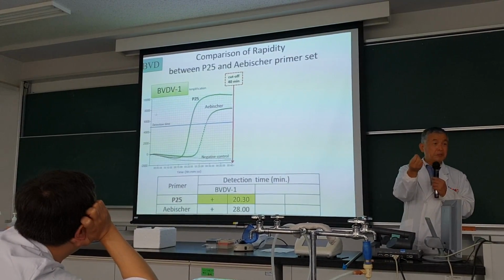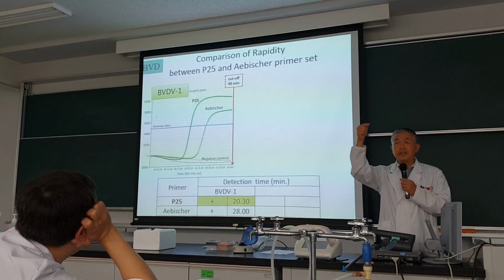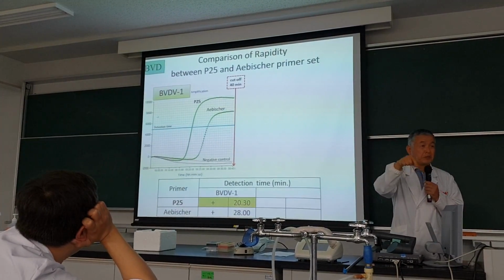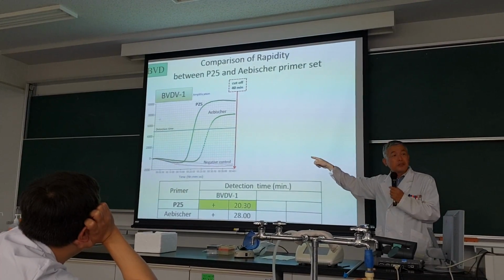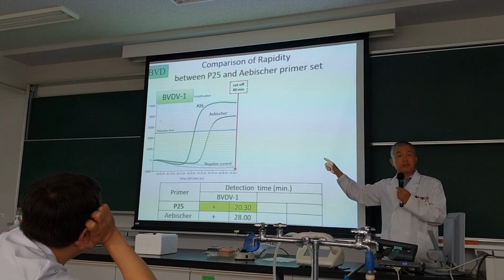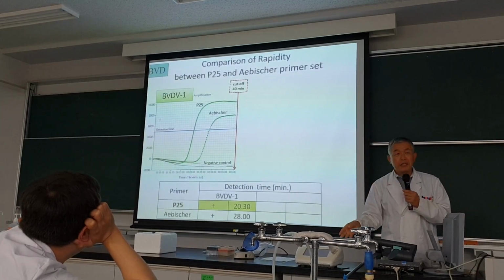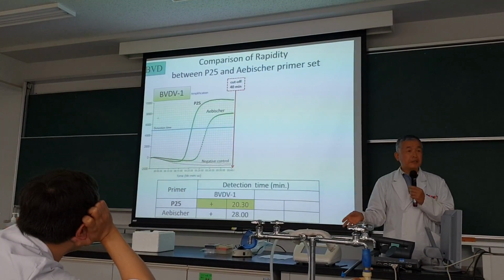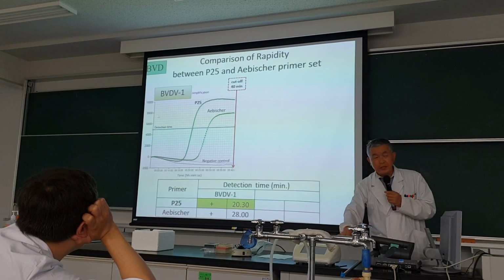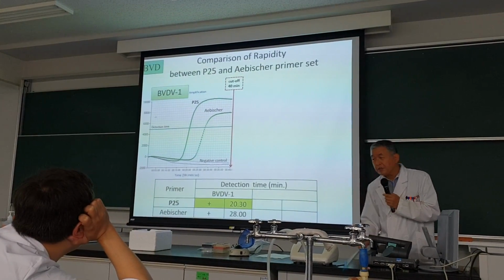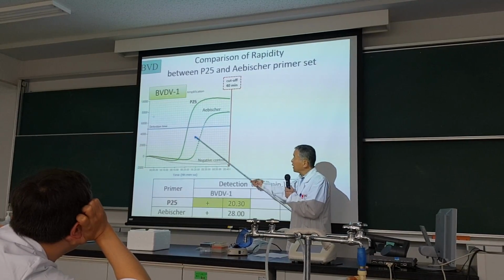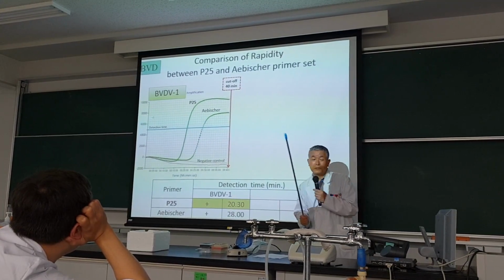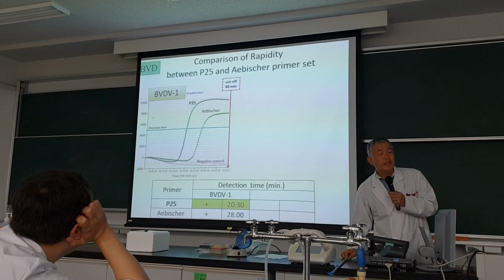If you have the tube, just add the purified RNA or DNA sample into the tube. After mixing, spin down, and start the incubation. Probably today you can see the result using the machine. Within 30 minutes, we can see clear amplification in real time.